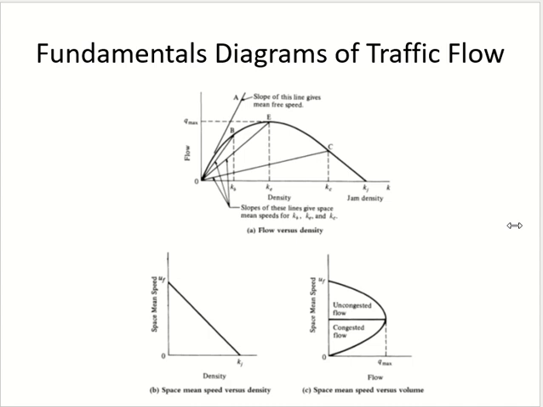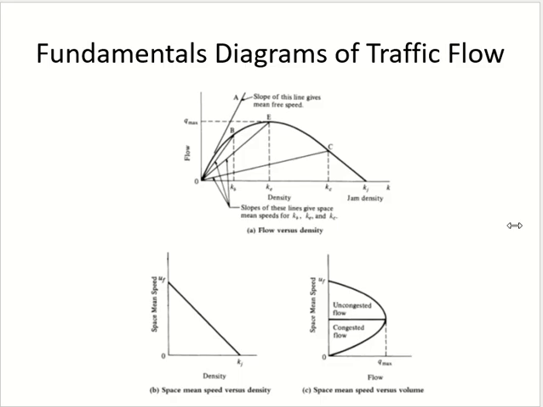Flow. Decrease, right? Flow will decrease. You can see the flow decreasing, right? And what happens to speed in traffic jam? Increase or decrease? Decrease. So speed keeps on decreasing, right?